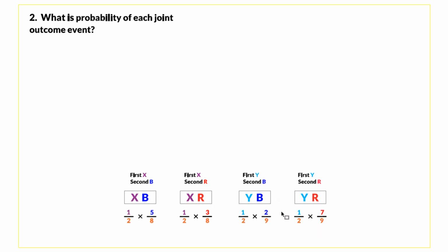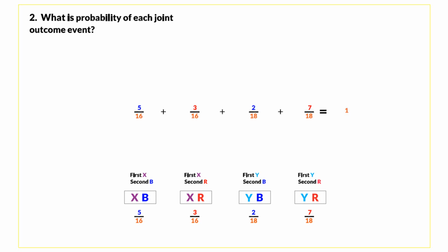Let's arrange them in a better way and compute the numerator and the denominator. And now we have the probability of each joint event written as a fraction. We also make sure that the sum of the probabilities of these events is equal to 1. We add them and they are equal to 1.